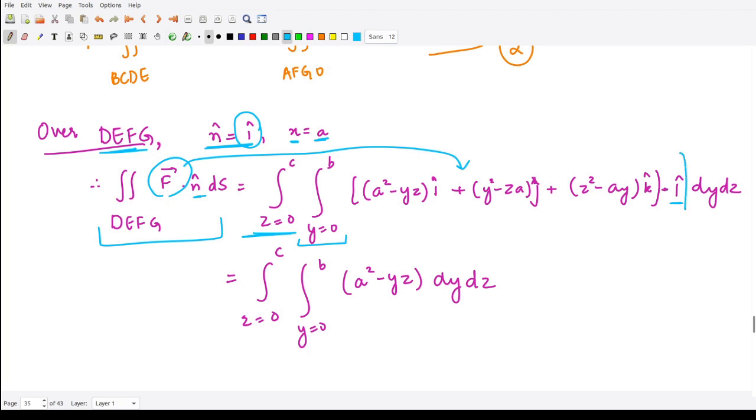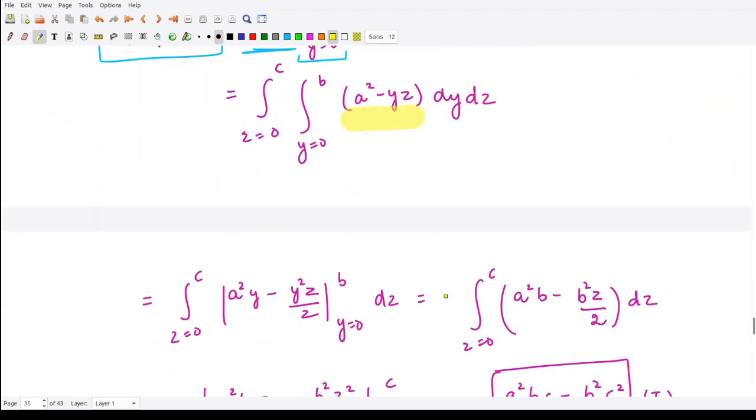So when you take the dot product of this whole vector f with vector i cap, it would just be the component this one, because i cap into i cap is 1, j cap into i cap is 0, k cap into i cap is also 0. So we have this quantity. Next we will perform its integration, firstly with respect to y and then with respect to z.